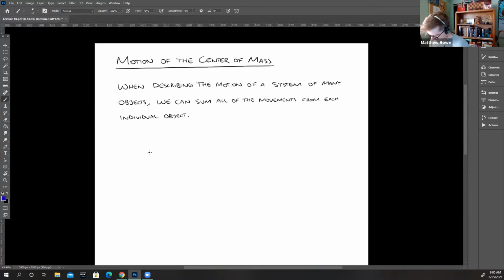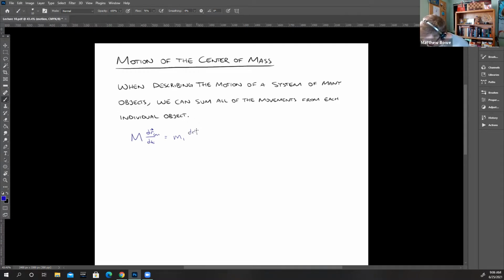So let me first say that I can find the position vector for each object in the system. So that was total mass. Position vector, how does that change over time? Center of mass. That's really just each individual object.